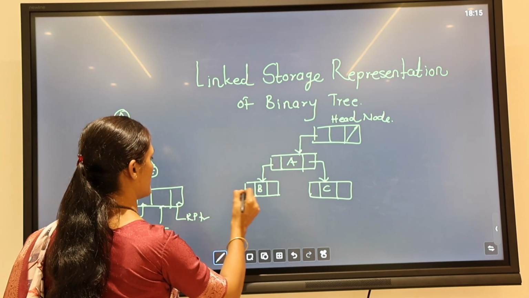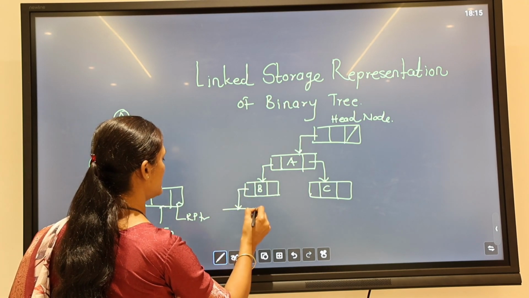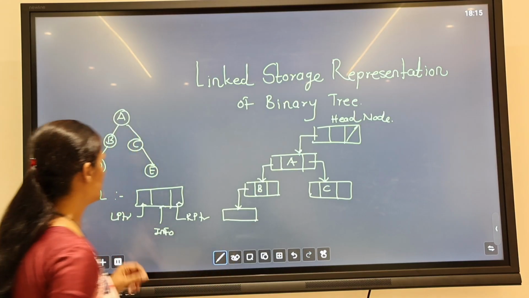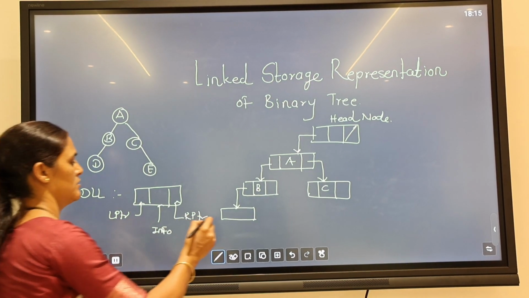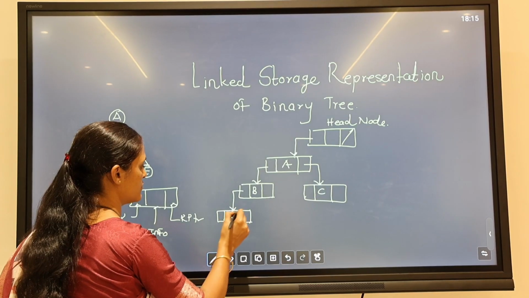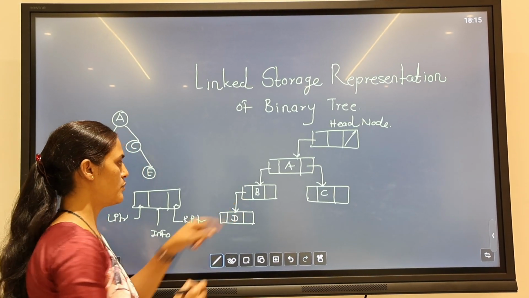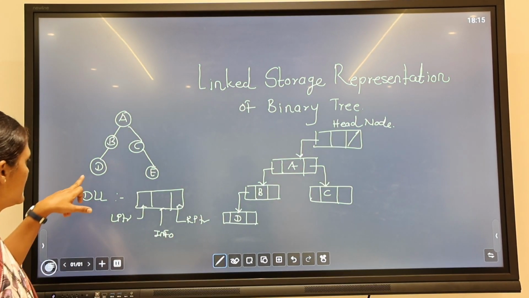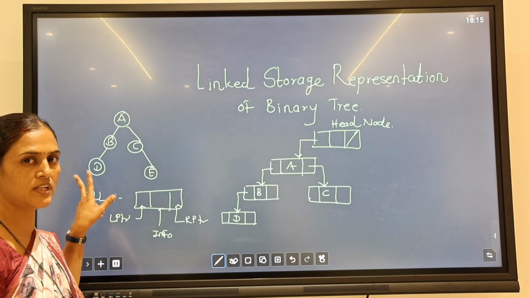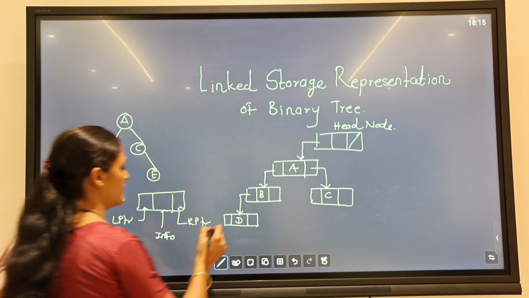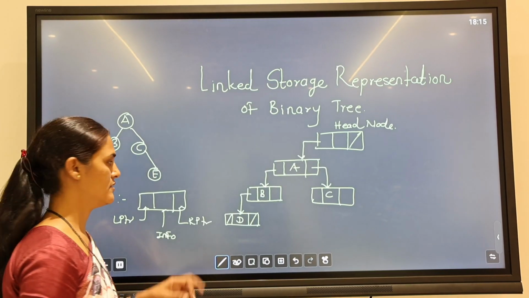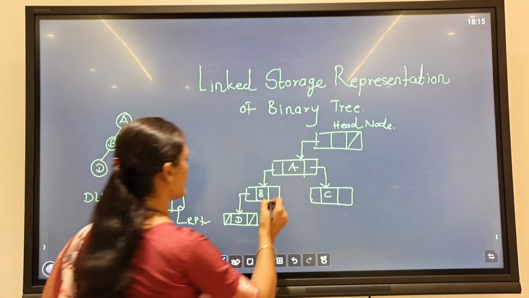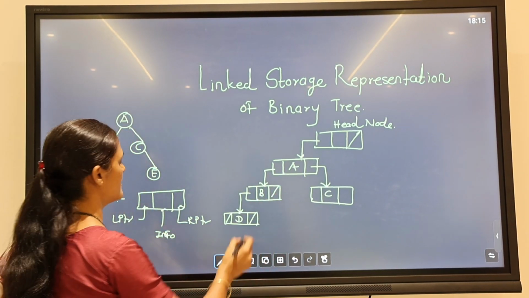Now L pointer of B, which one is the left child of B? That is node D. So store address of node D in L pointer of B. Now see here, the node D has no left child and no right child, so mark it as null. Again B has no right child, so mark it as null.